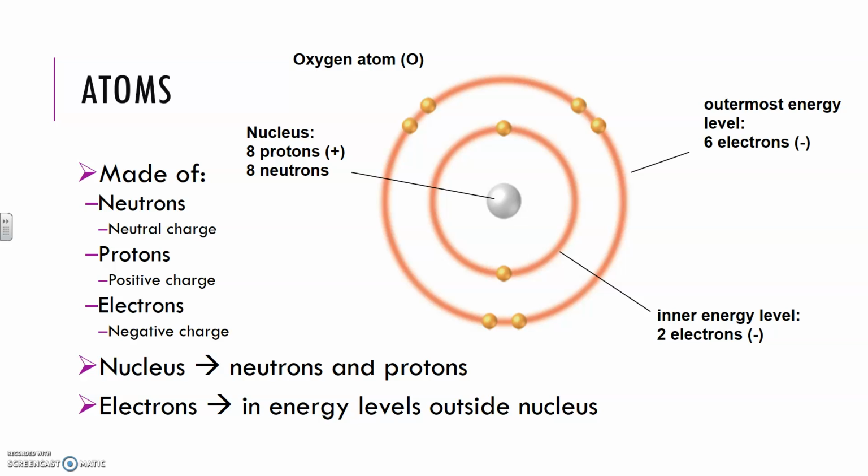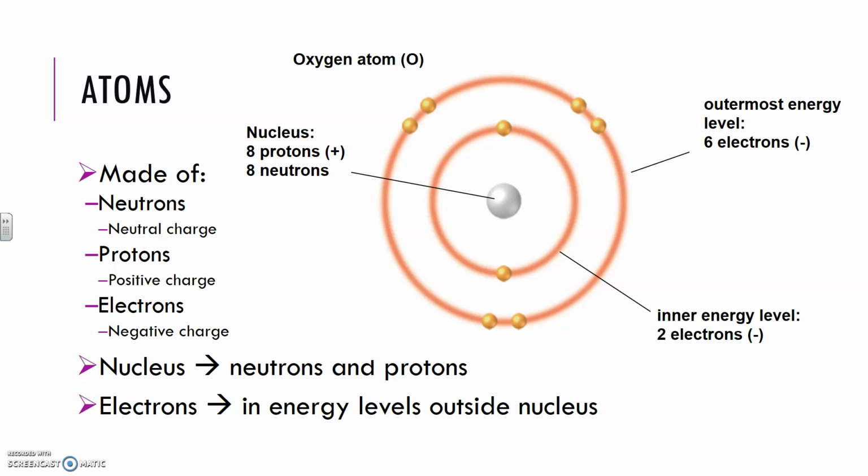A couple things to remember about the neutrons. We already said that they are neutrally charged. They can be forced out of the nucleus, if you remember the nuclear radiation and nuclear decay that we talked about last year. And the neutrons are really important to the atom because they separate out all of those positive charges.